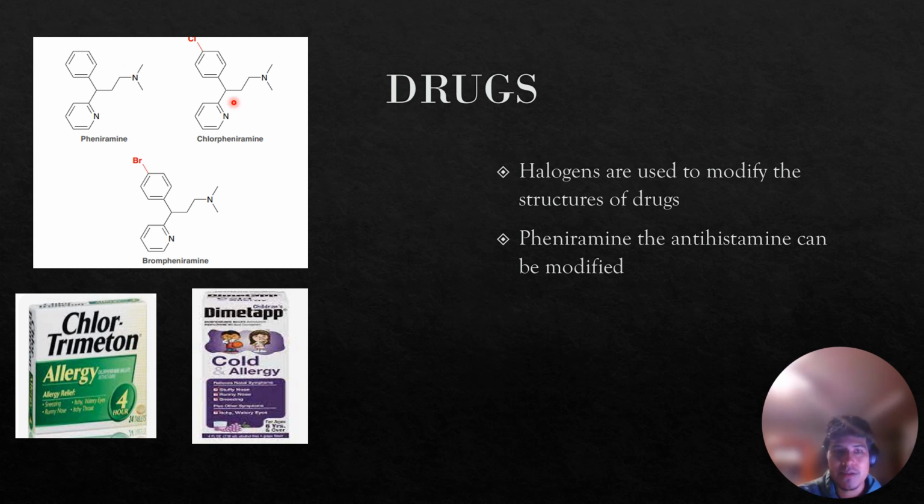Before this project, I had no idea this was a possibility. And what's even crazier than chlorpheniramine is brompheniramine. We can see here that a bromine is added to the para position of this R group.